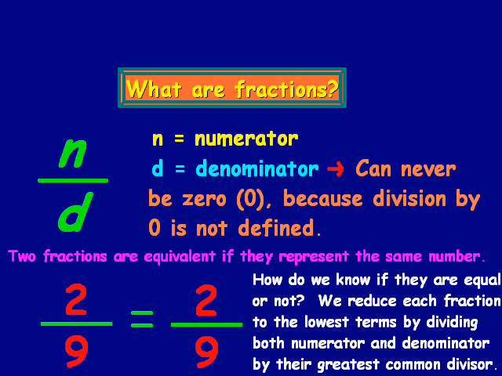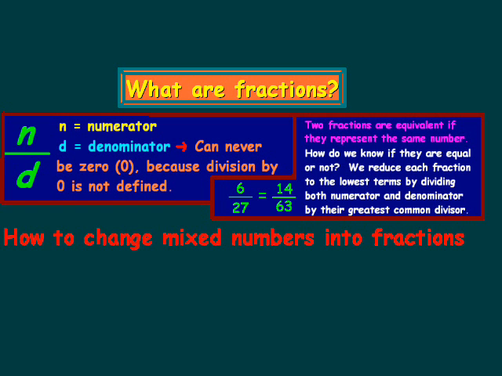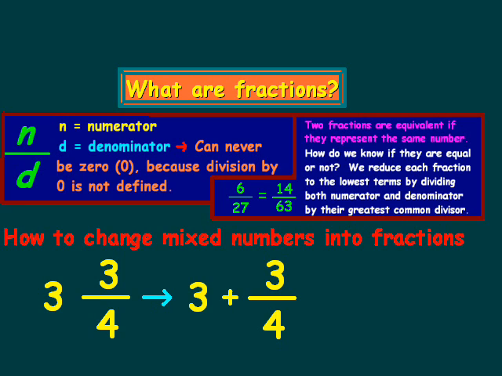Now next, we're going to determine how to change mixed numbers into fractions. Below we have 3 3/4, and we are going to rewrite that as a fraction. So we're going to have 3 plus 3/4.